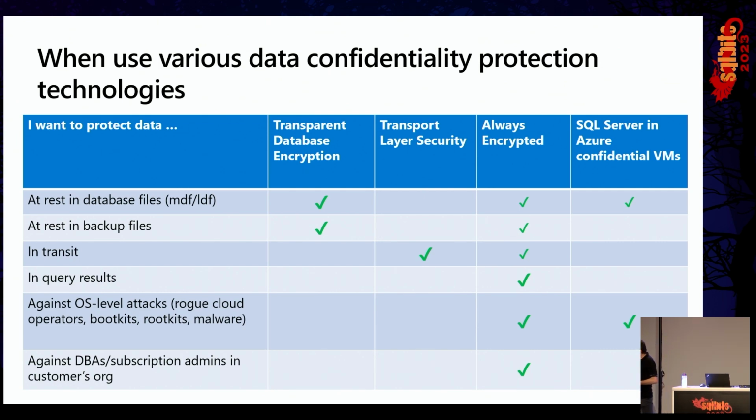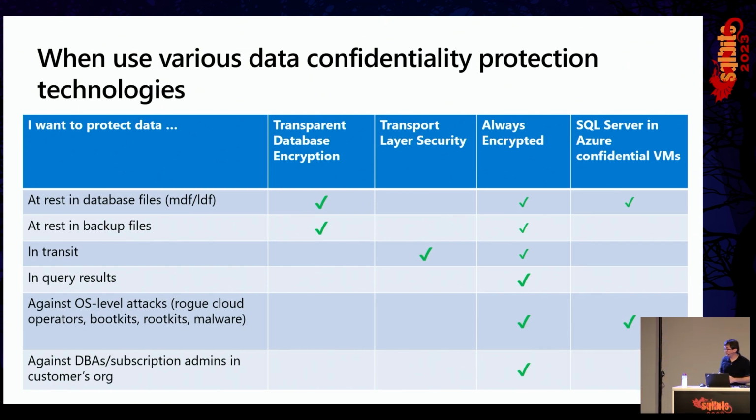And the interesting question is, how about Always Encrypted and confidential VMs? It's a similar answer to, should I use Azure SQL Database or should I use, let's say, SQL Server on IaaS in a virtual machine? If you have an existing application, an existing database, you cannot change your app, maybe you don't even own it, well, IaaS is not a bad place for it, and if that application hosts confidential data, then you can easily protect the data with confidential VMs.